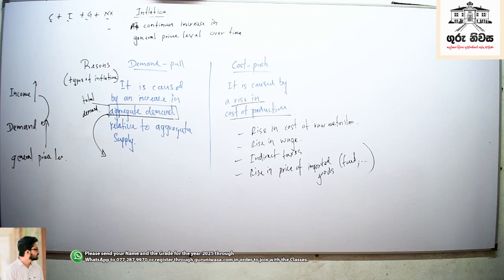Then the government expenditure is incurred by government. Then NX means net export. Is it exports or imports minus exports or something? Yeah, net export. Sir, is net export imports minus exports or exports minus imports? Export minus import. X minus M.